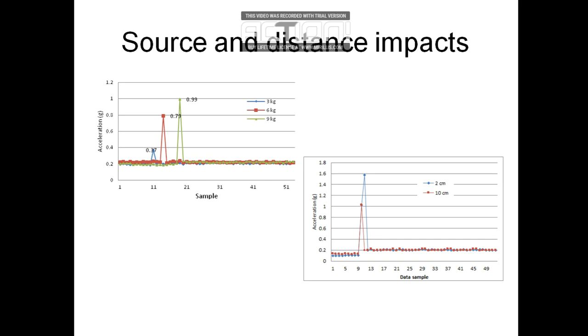So the more mass on the vibration source, the higher the vibration detected. And then we see in the second picture that for the distance of sensor and the vibration source point, the closer the distance, the higher the detected amplitude.